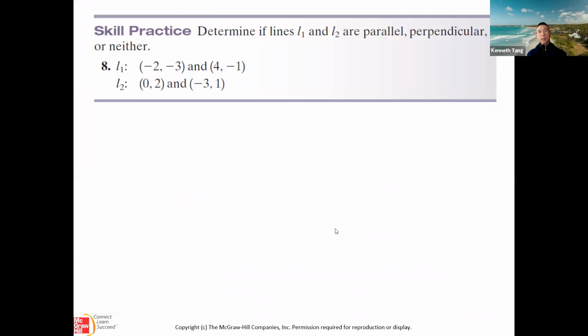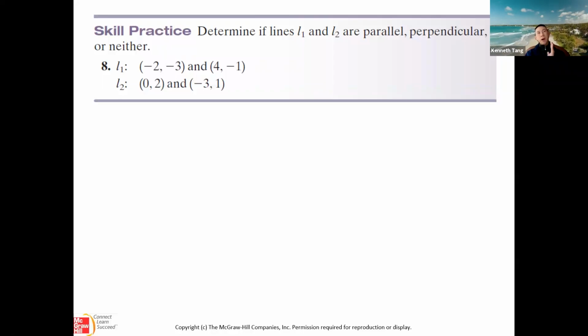Okay, now you can try another one. If you have these two lines again, and they want you to find out if they're parallel, perpendicular, or neither, you have to do the same thing. First, you find the slope for L1, and then the slope for L2. By definition, if it's the same slope, then they must be parallel.